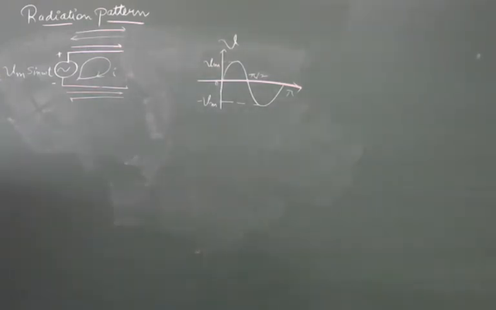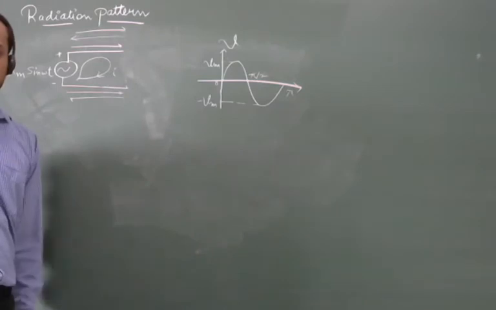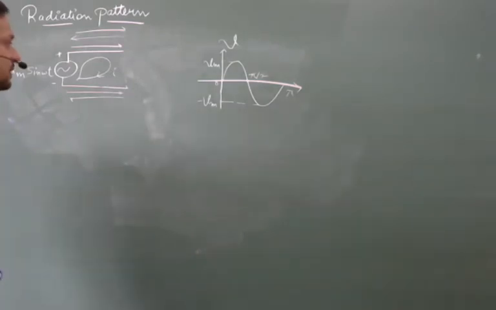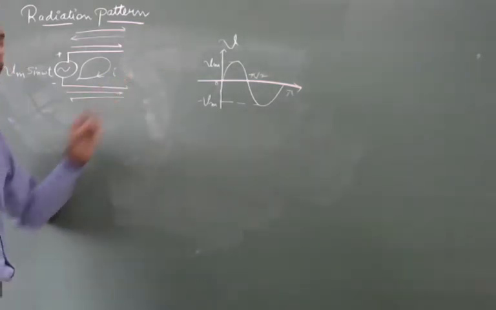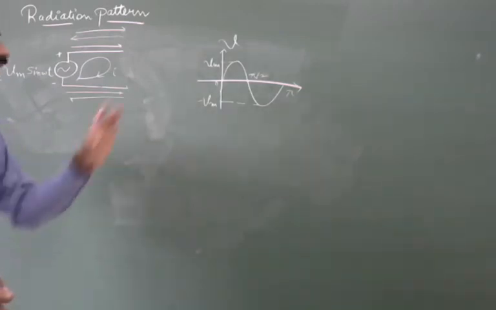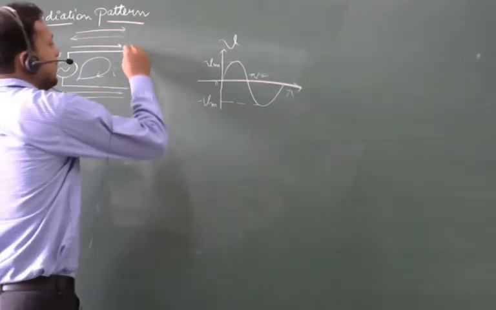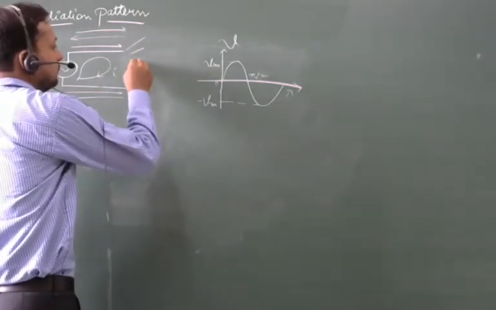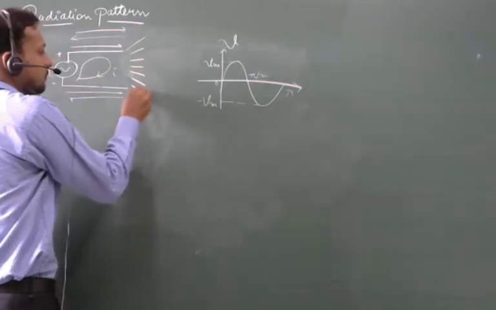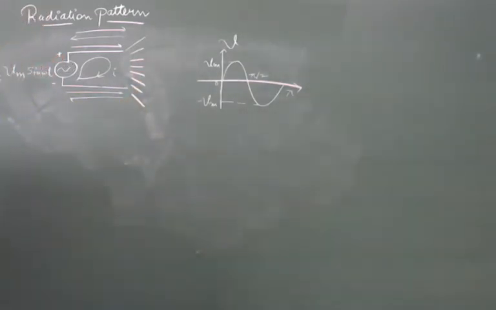So this creates a standing wave, and this standing wave results in the radiation of the wave. The standing wave radiates through this radiating element in this manner. So it radiates.